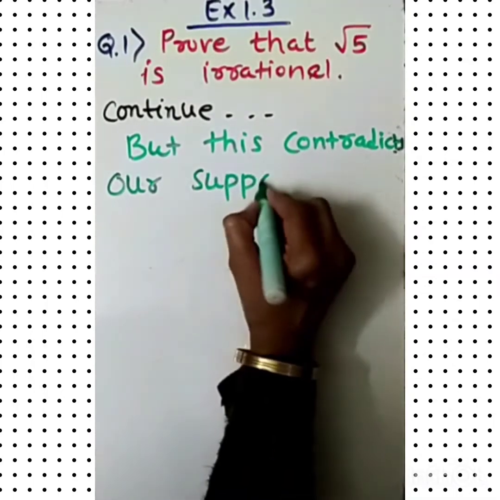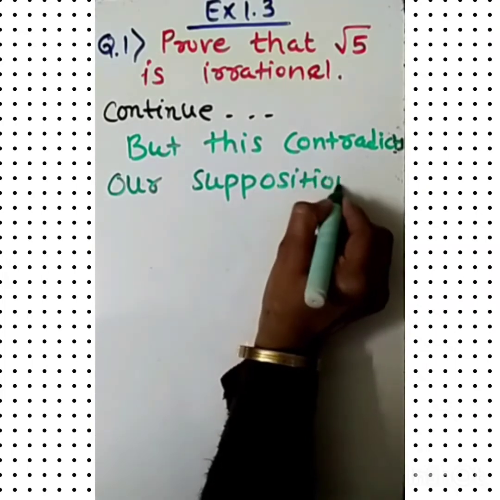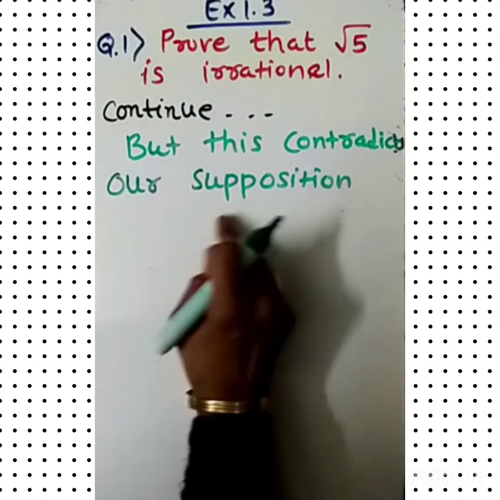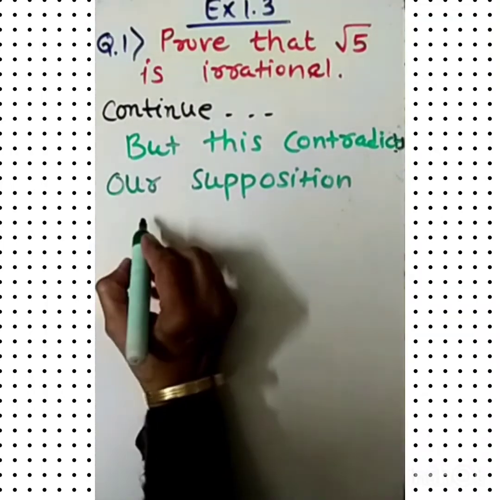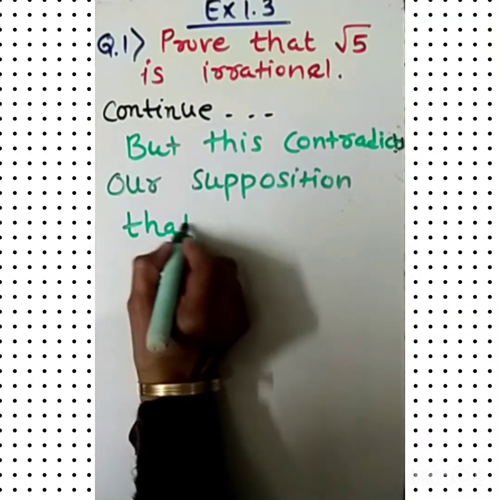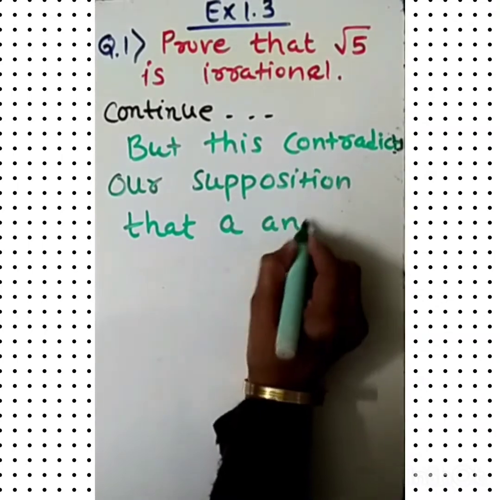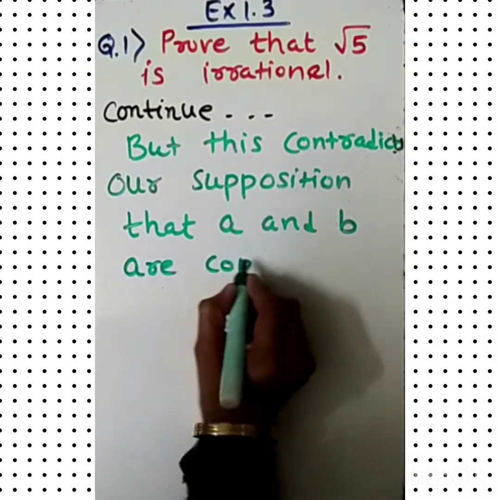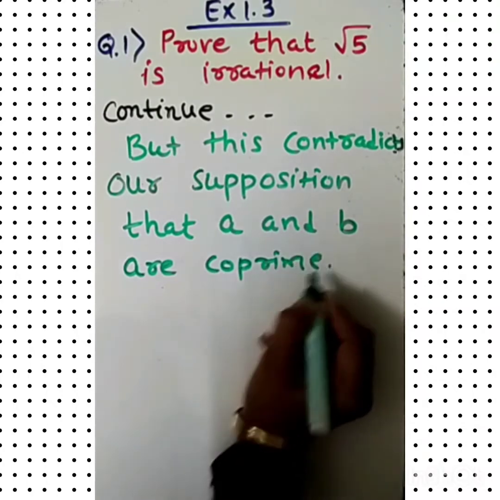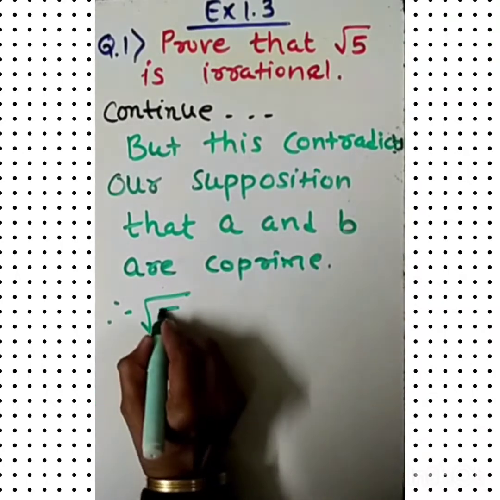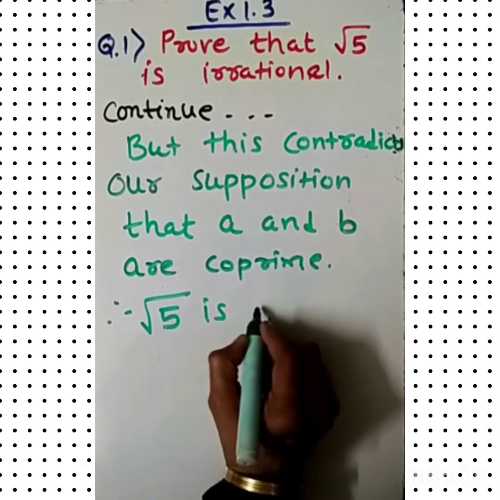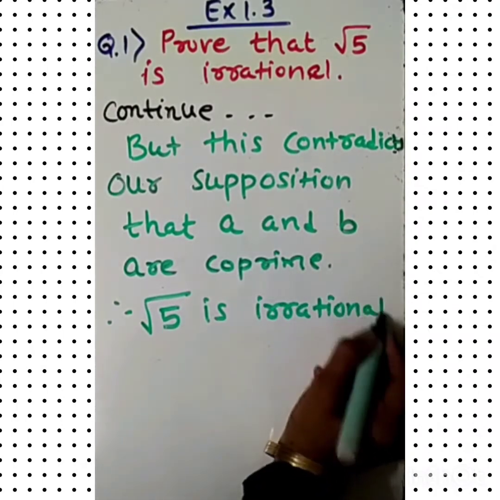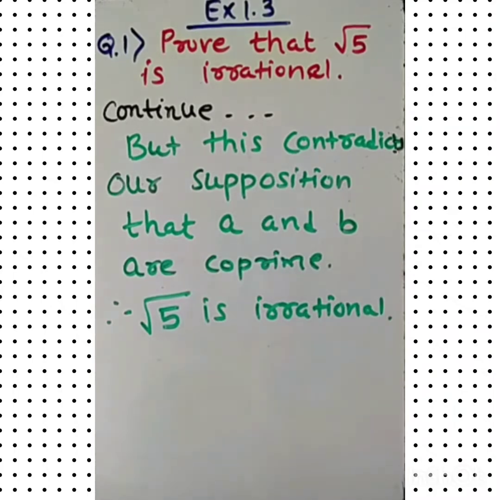What we have assumed, that it is a rational number, contradicts our supposition that a and b are co-prime. Therefore root 5 is irrational. This is the complete solution.